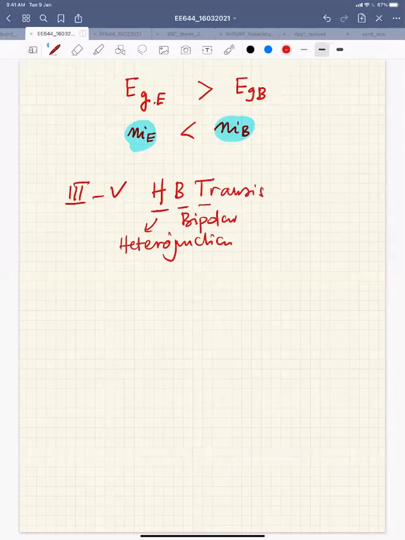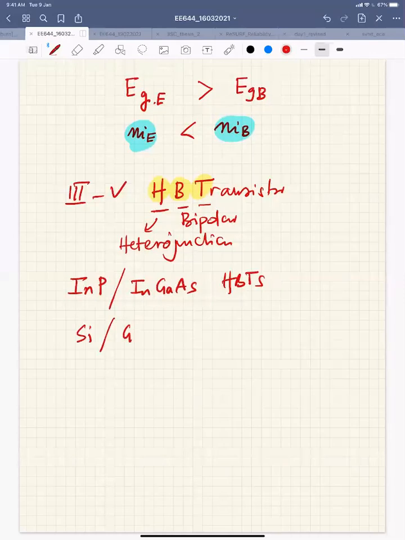So we started having indium phosphide and InGaAs, indium gallium arsenide HBTs, not BJTs. People started using these, and we also have silicon germanium HBTs. So these are very common HBTs.